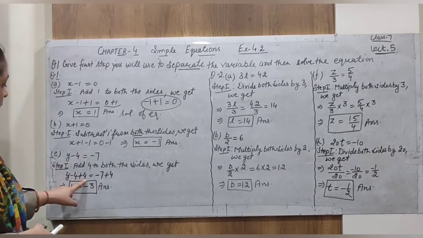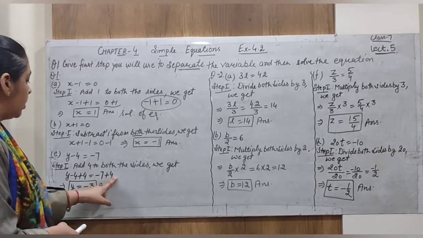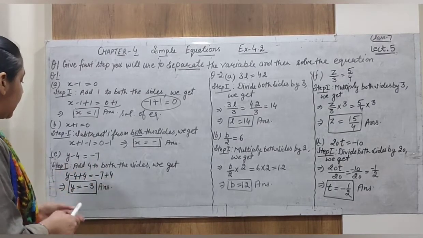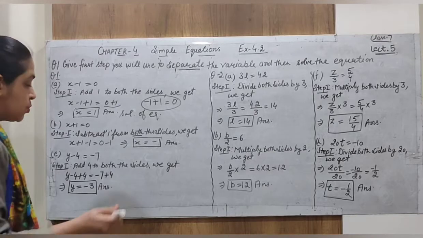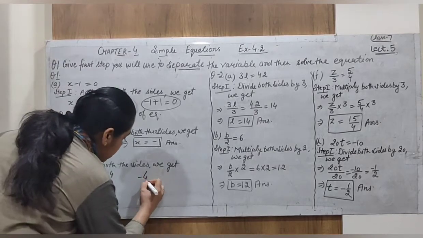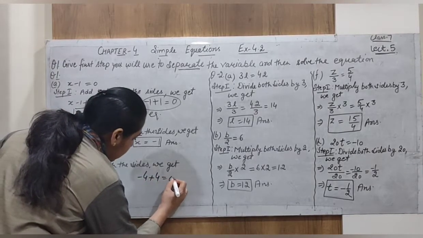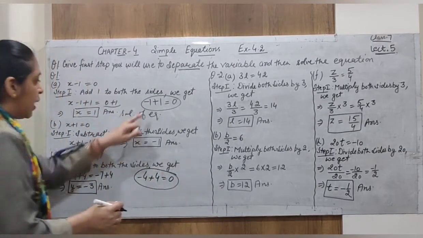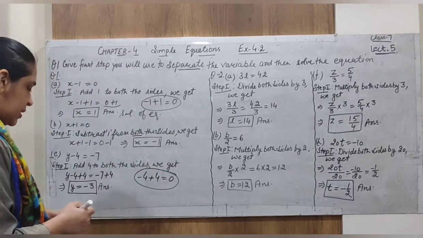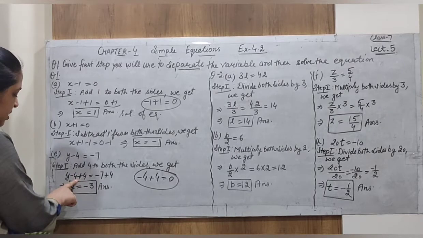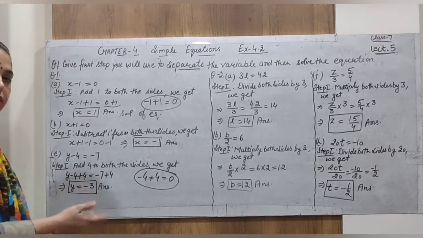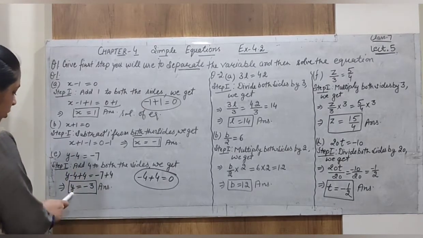So we get y minus 4 plus 4 equals minus 7 plus 4. What do we get again? Minus 4 and plus 4 cancel each other. Minus 4 plus 4 gives us what? 0, as with minus 1 and plus 1. The same process. So in the left hand side, minus 4 plus 4 cancel out each other, so we get only y.